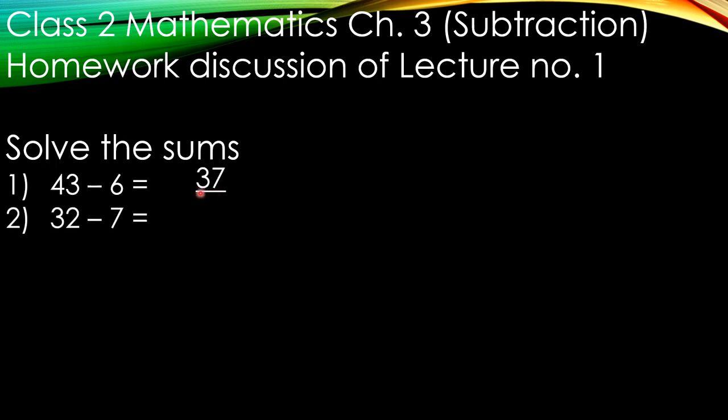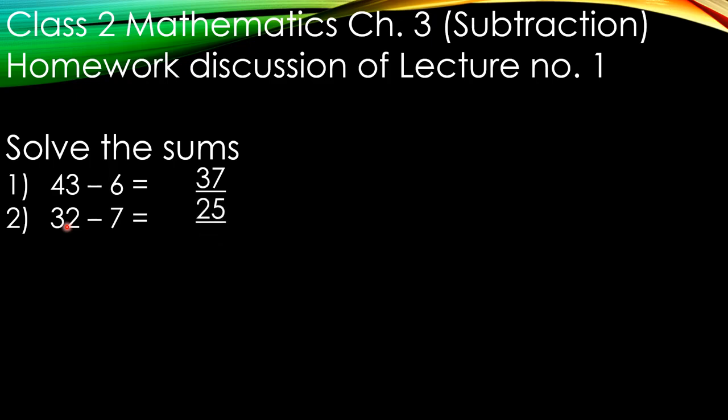Now in question number 2, 32 minus 7. So keep 32 in your mind and open your 7 fingers. So let's start counting before 32: 31, 30, 29, 28, 27, 26, 25.